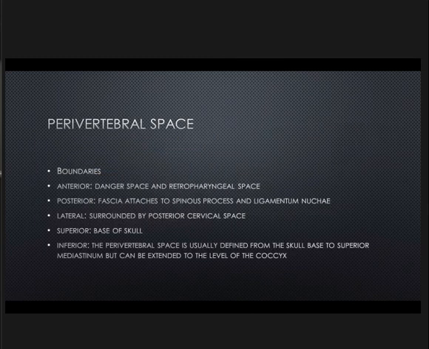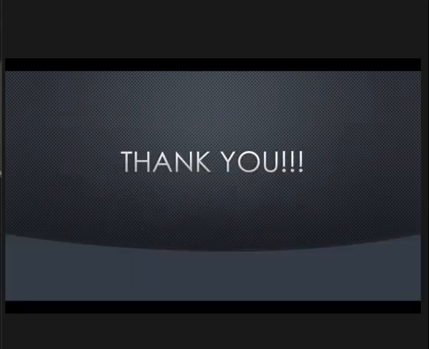It is bounded anteriorly by the danger space and the retropharyngeal space, posteriorly by the fascia that attaches to the splenius and ligamentum nuchae, laterally by the posterior cervical space, superiorly by the base of the skull, and inferiorly bounded from the skull base to the superior mediastinum, but can be extended to the level of the coccyx.